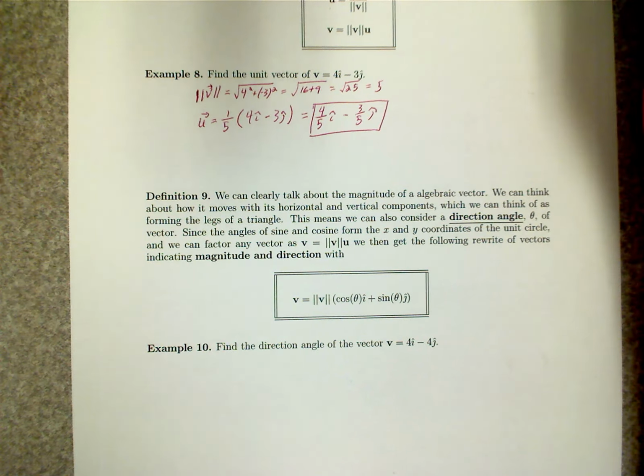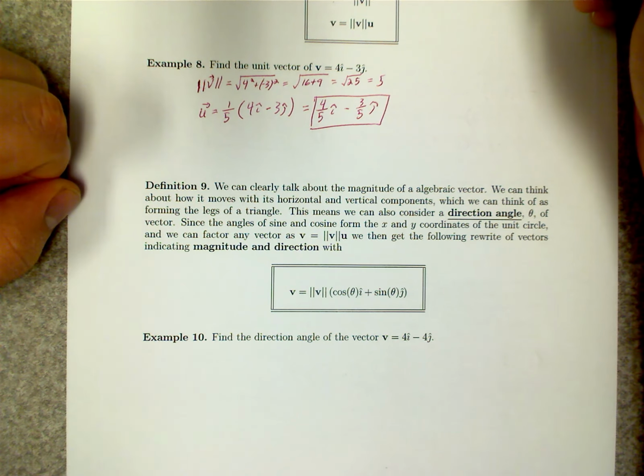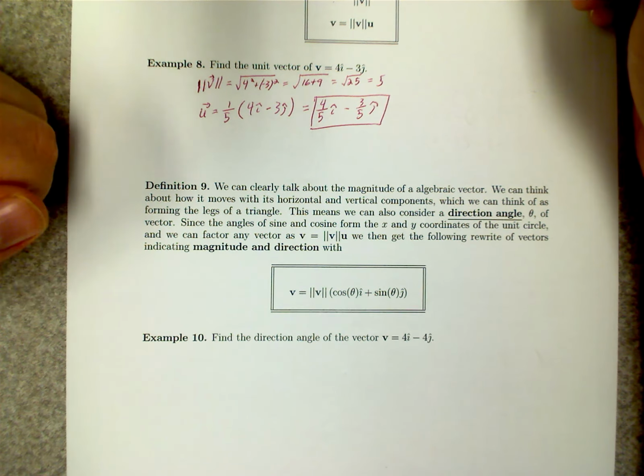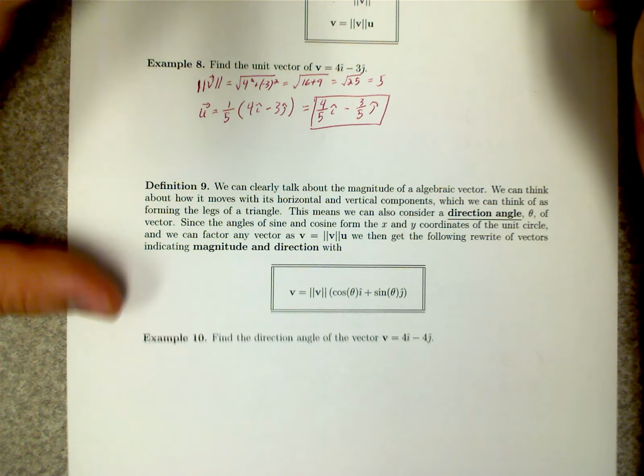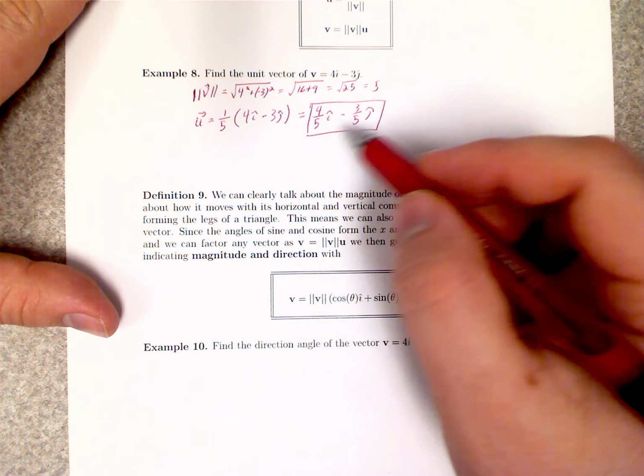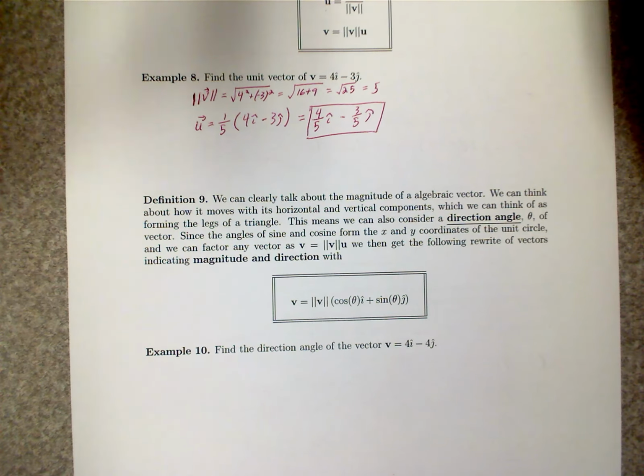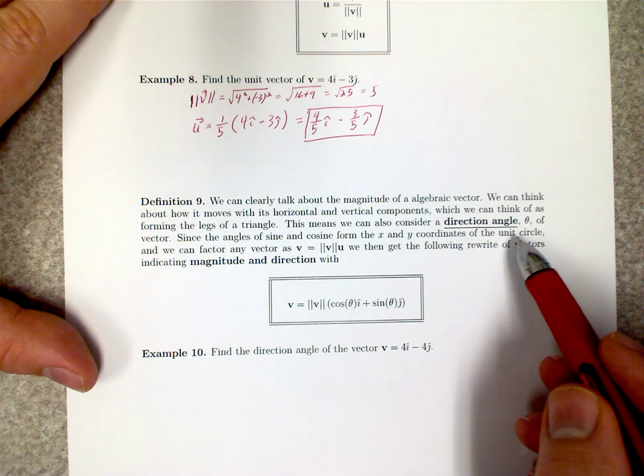Further, we're in trig. How do we talk about direction? Well, where does the angle point? That's what we're going to talk about. We have a horizontal and vertical component, so we can talk about x's and y's. When you think about that, we can think about triangles, and we get this thing called a direction angle for the vector.